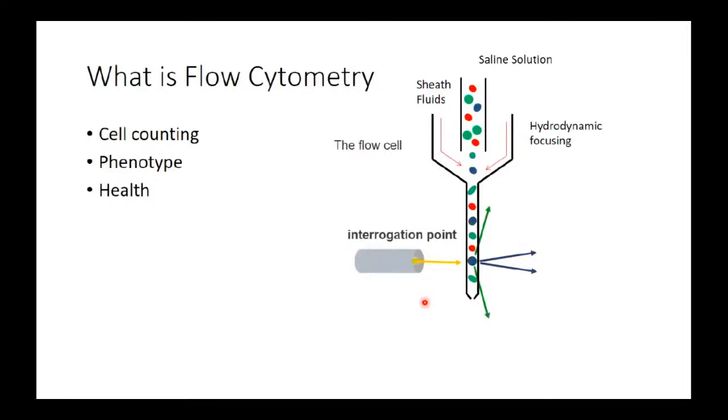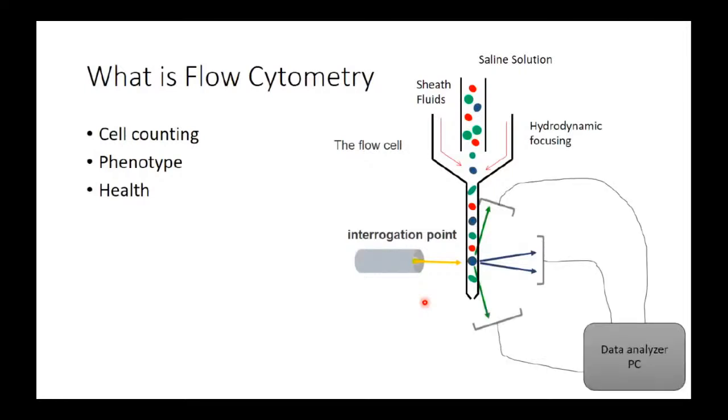These two events, or this light scattering, is detected by specific detectors called the forward detector and the side detectors. These detectors are connected to a PC, or a data analyzer, which is going to analyze the data obtained from the detectors. Now, this is in general.